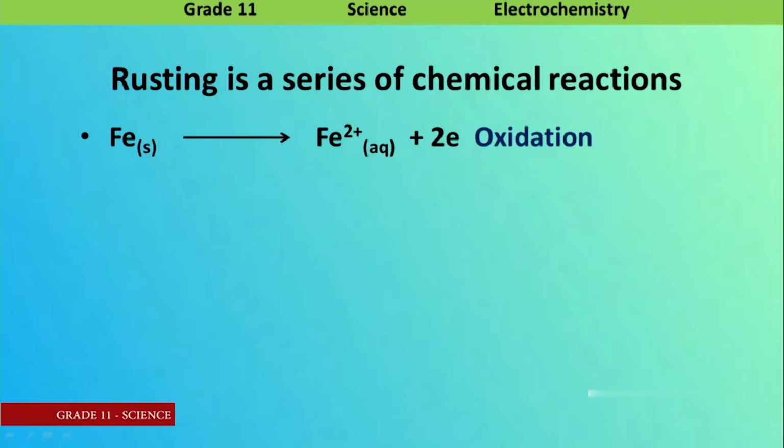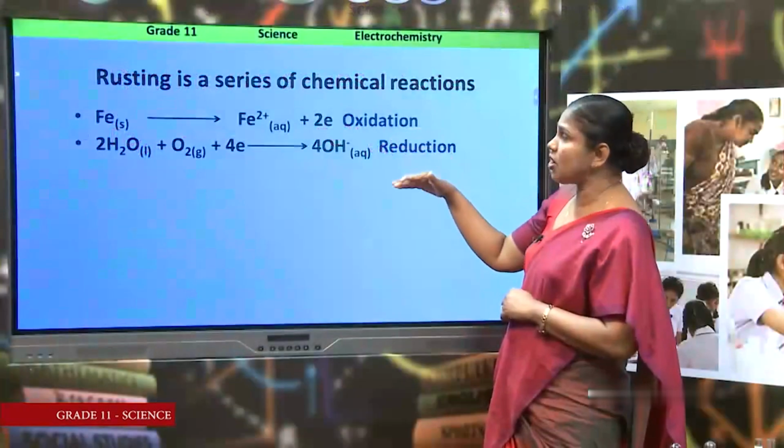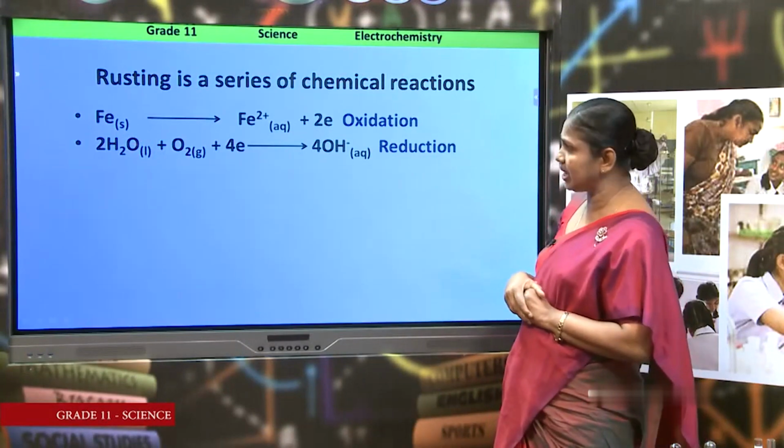After a few days, water and oxygen near iron receive electrons emitted by iron and turn into hydroxyl ions. As iron releases electrons, children, it is an oxidation reaction. As water molecules and oxygen gain electrons, it is a reduction process. Then there are two reactions, oxidation and reduction, taking place here.